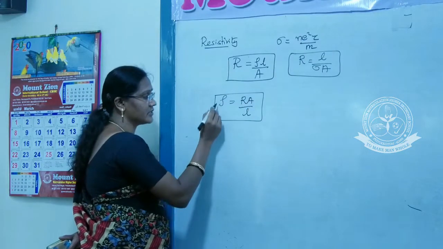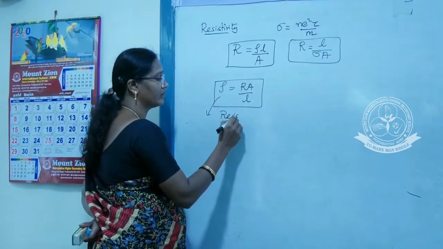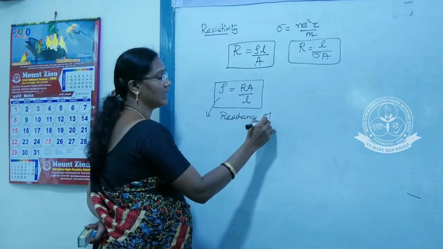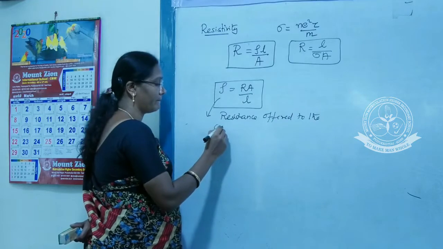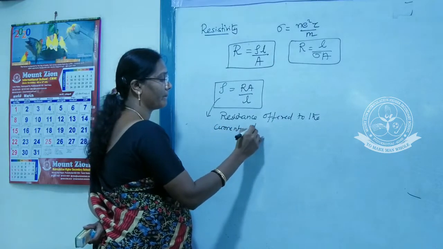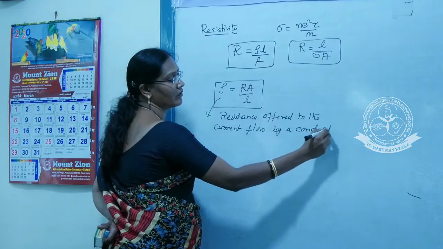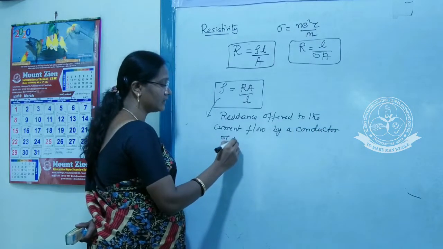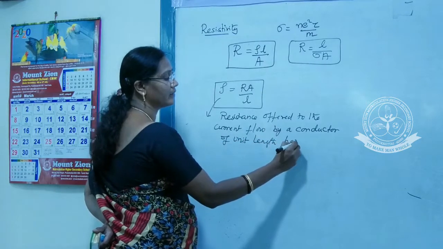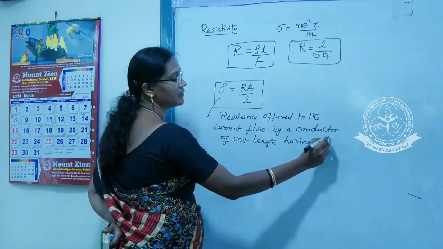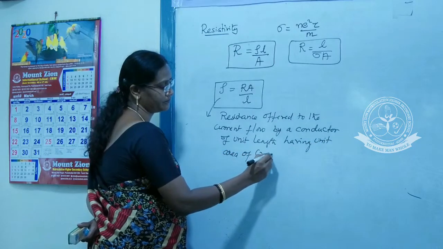So what is resistivity? Resistivity is the resistance offered to the current flow by a conductor of unit length having unit area of cross section.